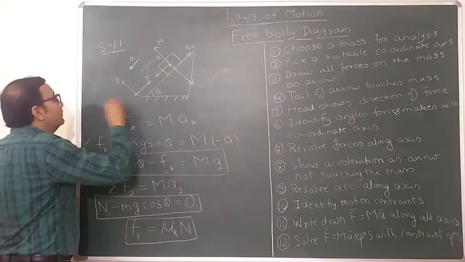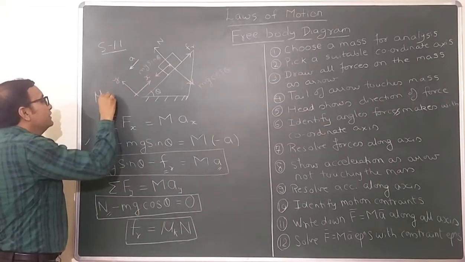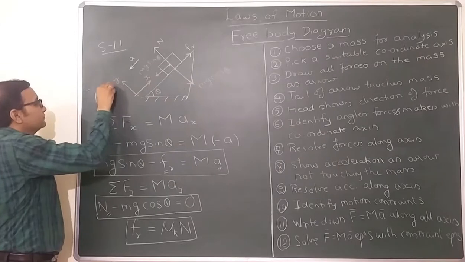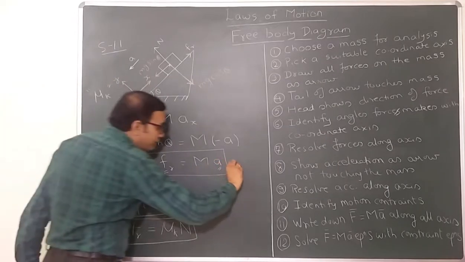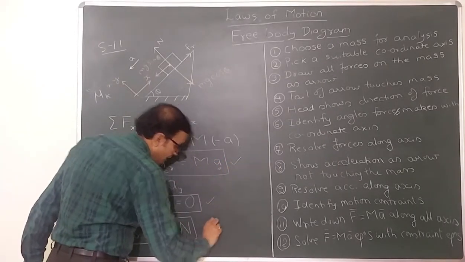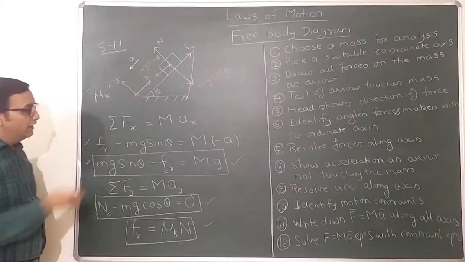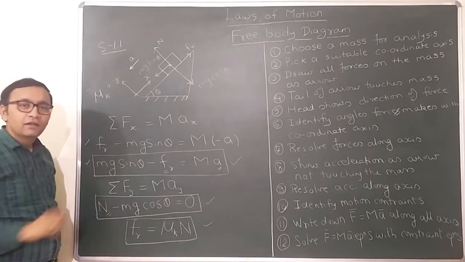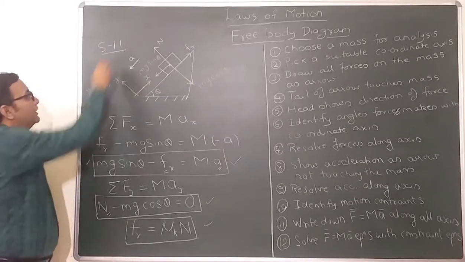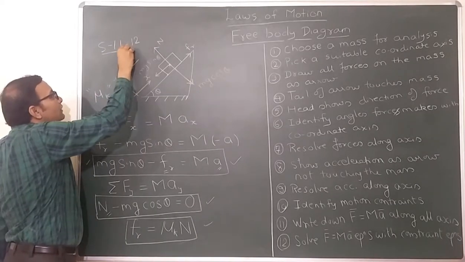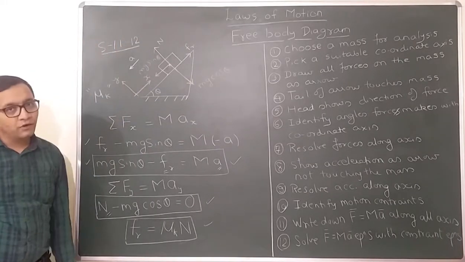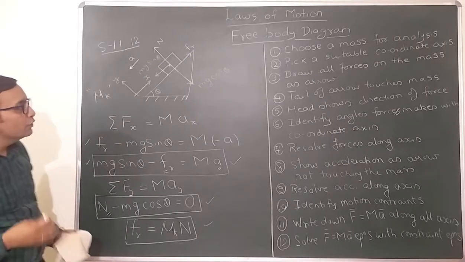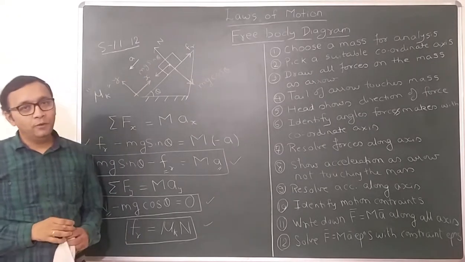So in this problem, the kinetic friction coefficient must be given. Now I have three equations and three variables, and I will easily solve them to get the answer. So that is step number 11 and 12. This is how you solve every mechanics problem.